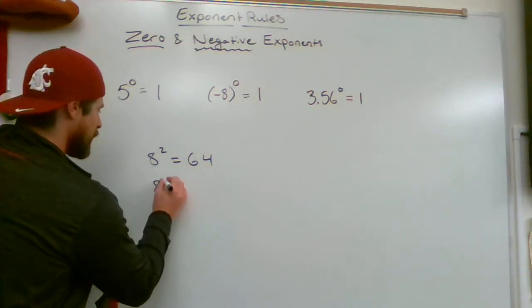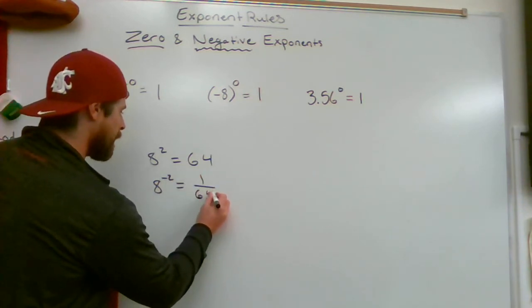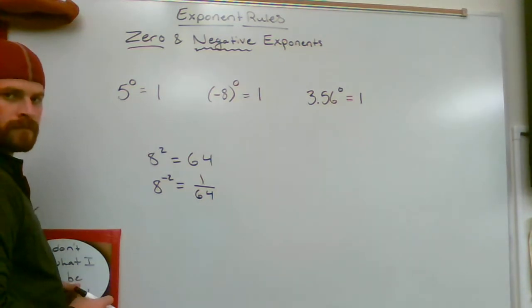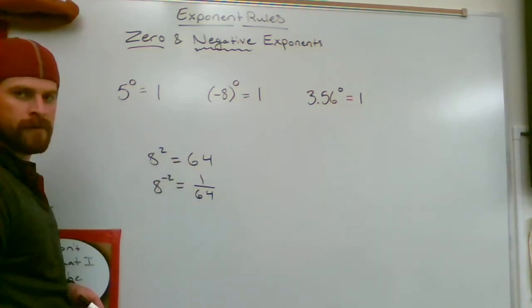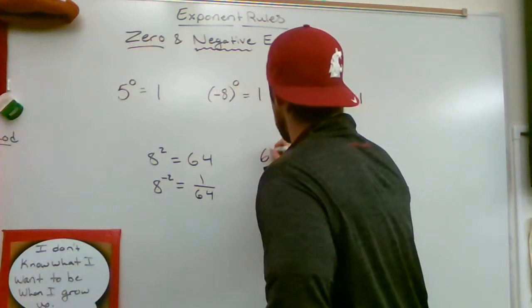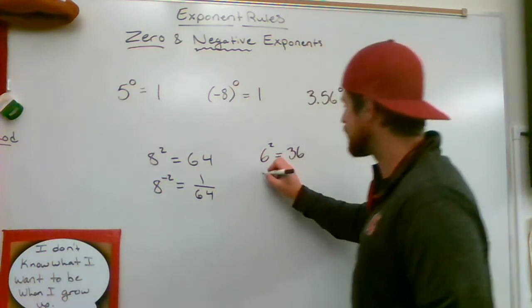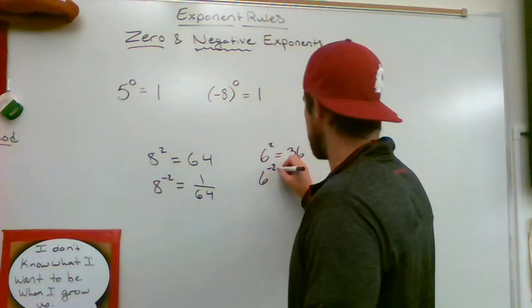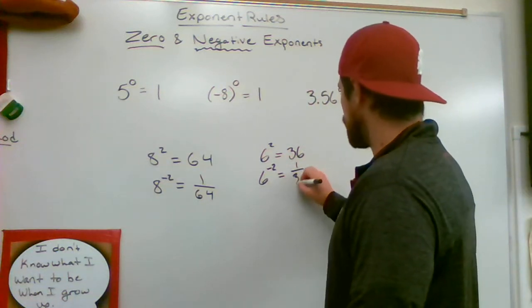Now 8 to the negative second power is equal to 1/64. There's a pattern there. You will see it as we go through. Okay, what is 6 squared? 6 squared is 36. 6 to the negative second power is going to be 1/36.